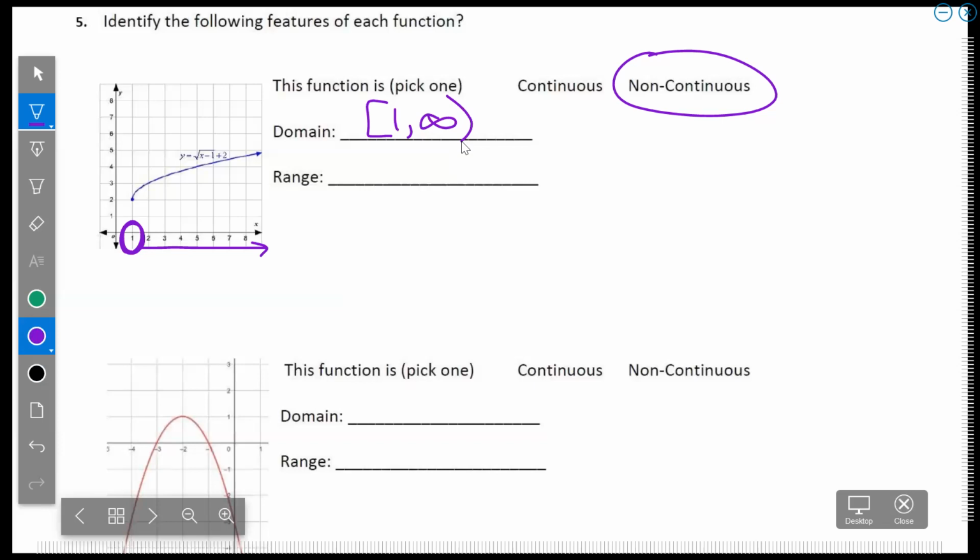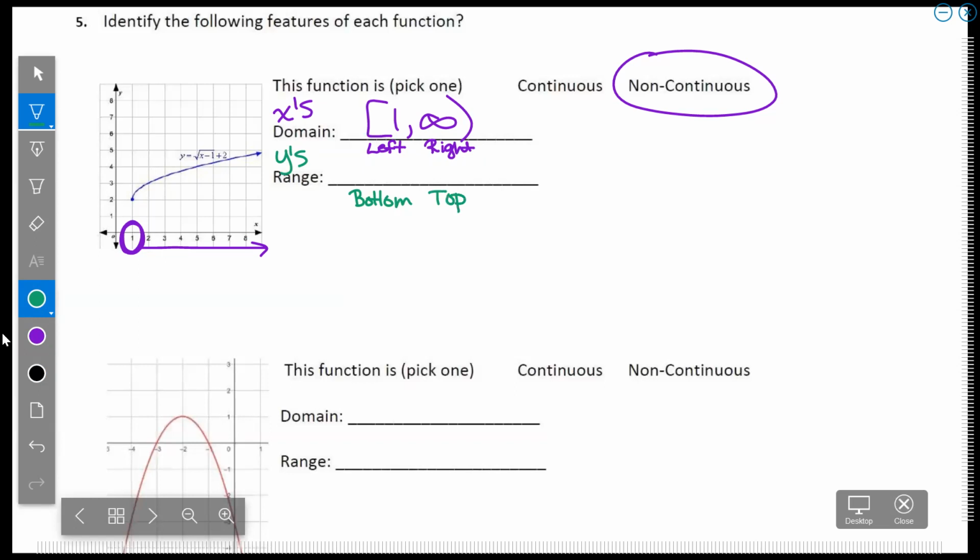For the domain, that goes with my x's. I'm looking left and right. Range, I'm looking at the y's. So I'm looking first at the bottom, because I want the smallest first, and then I look at the top.